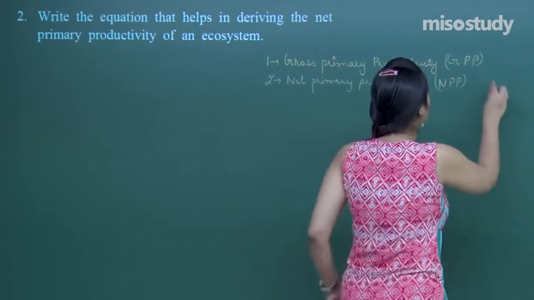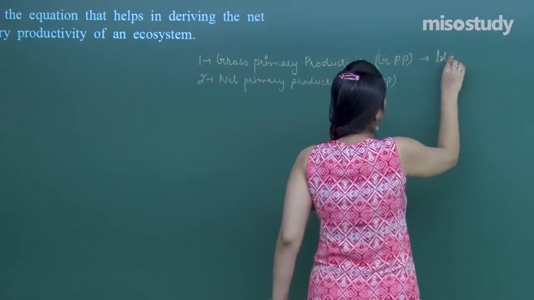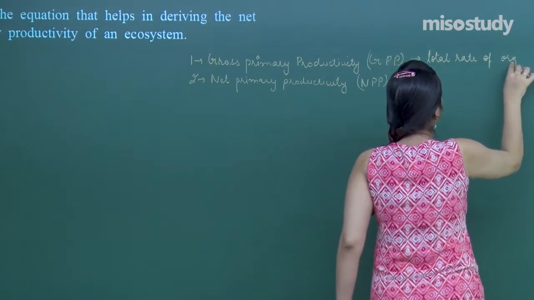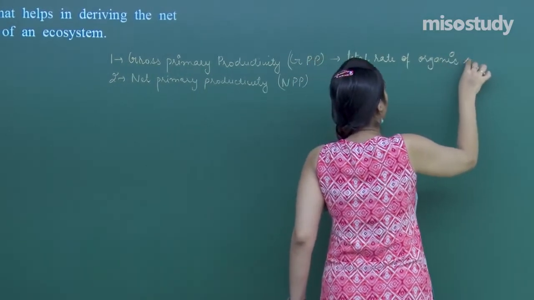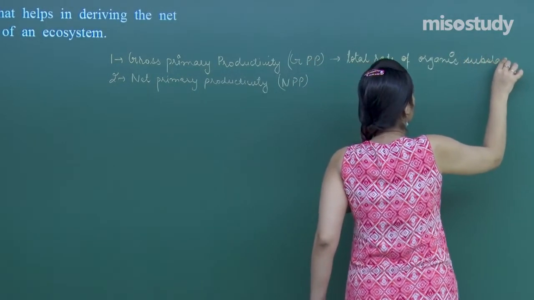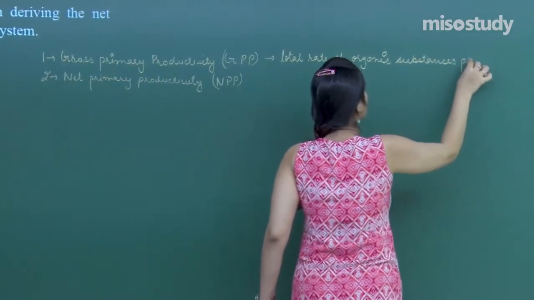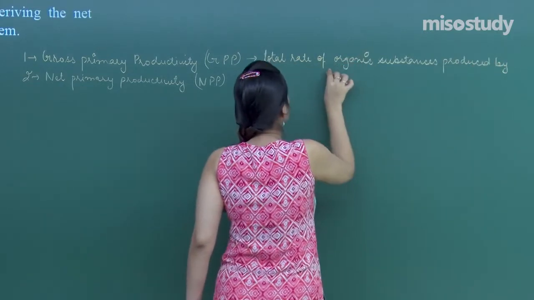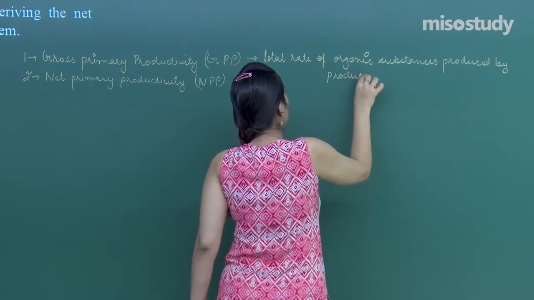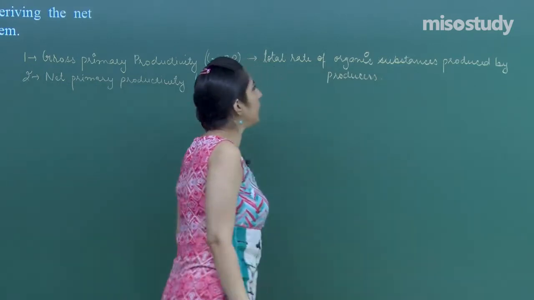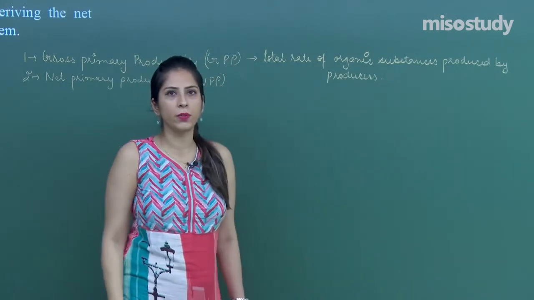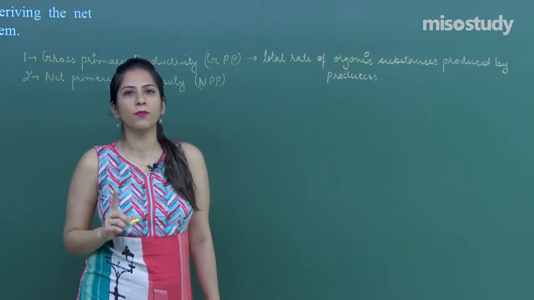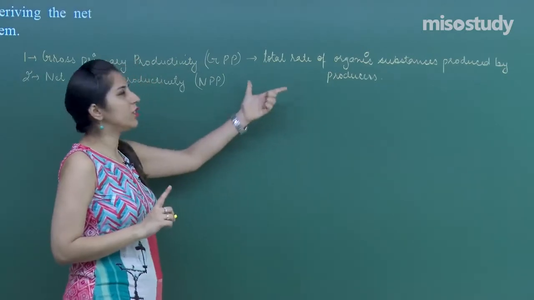That is GPP, the total rate of organic substance produced by producers with the help of photosynthesis when sunlight is falling on it.